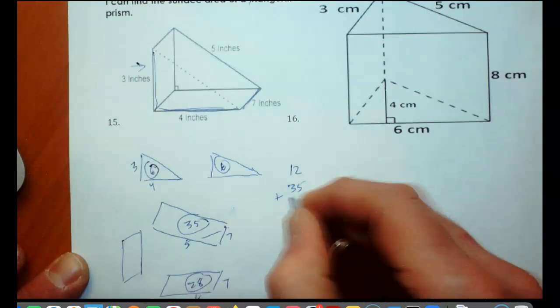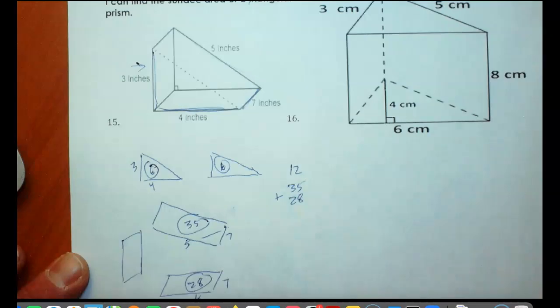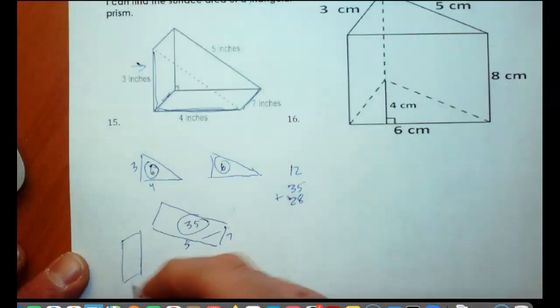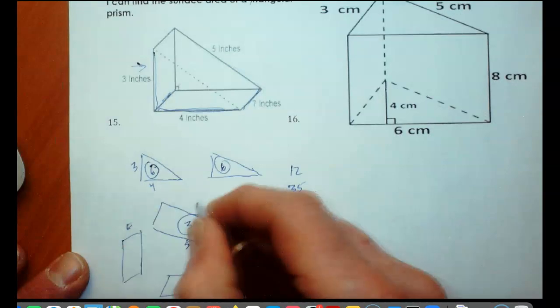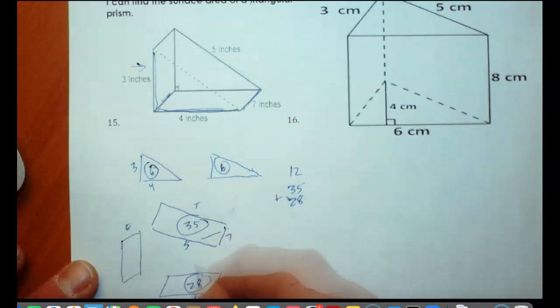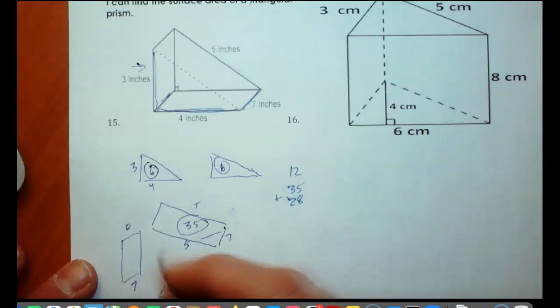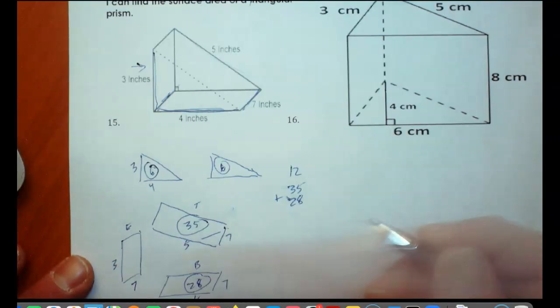I can add that in. And then we've got this side over here, and again, the end, we'll call it the end. Call this the top, and this is the bottom, if you want to give them some labels. But the end is going to be 7, and it's 3. So that's going to be 21.